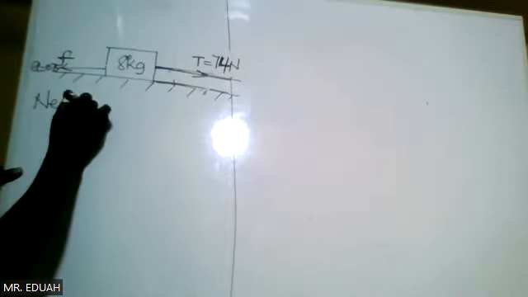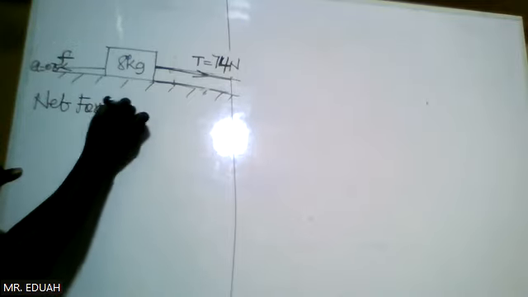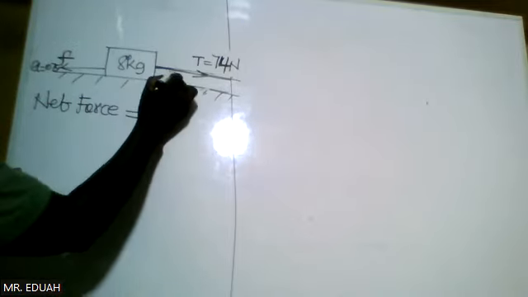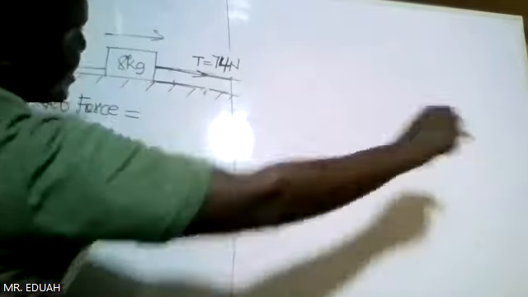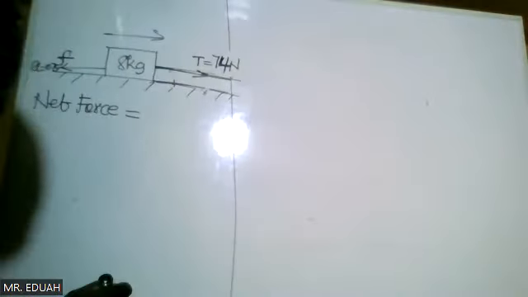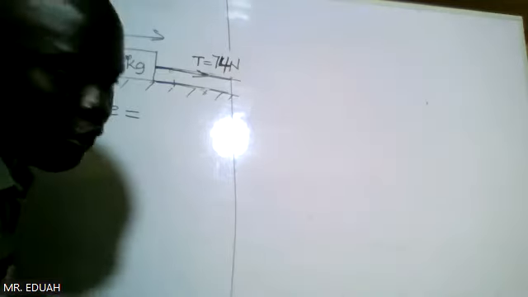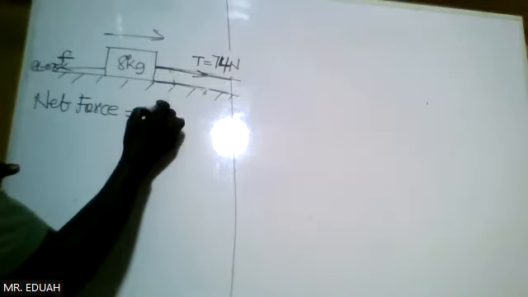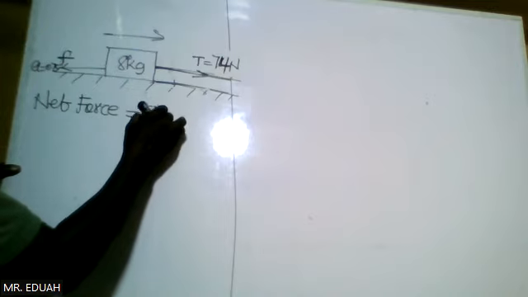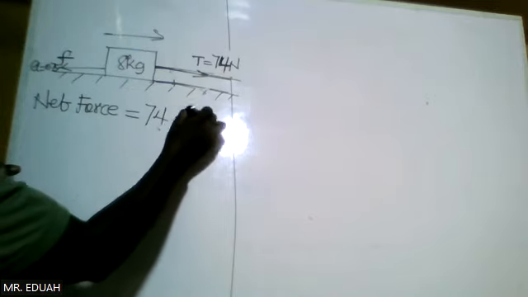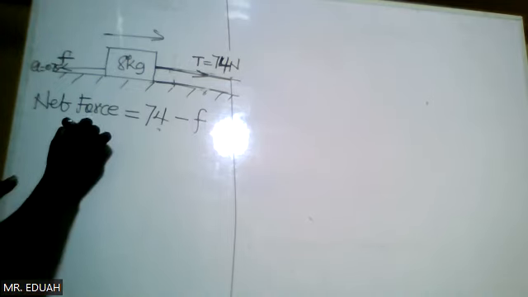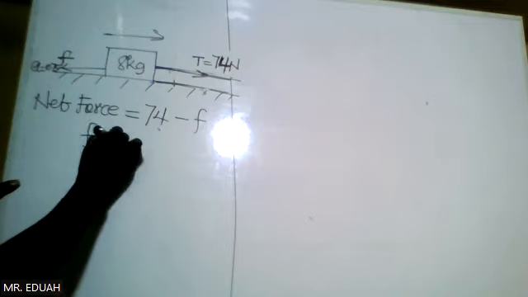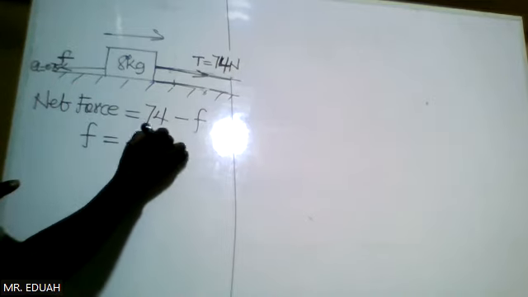Once this body accelerates in this direction, the acceleration is always in the direction of the larger force. Then the net force will be 74 Newton minus frictional force. But frictional force F is given by mu times R.